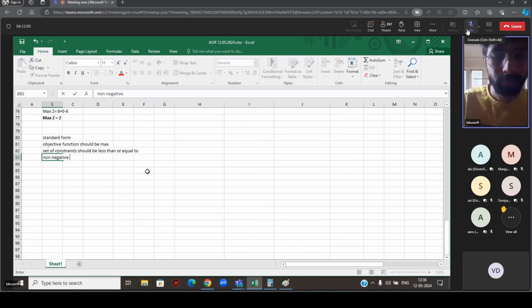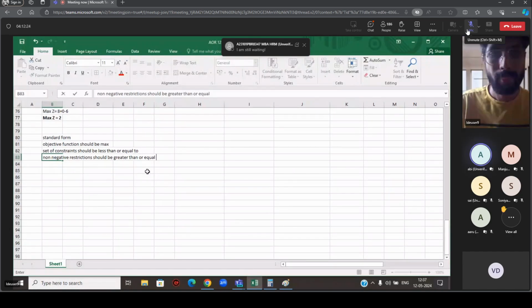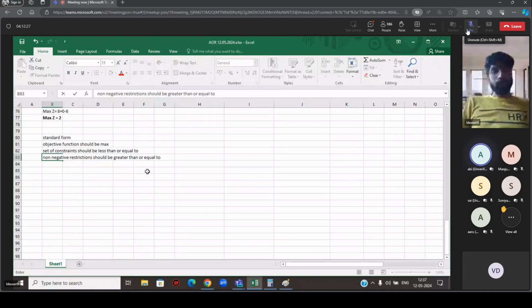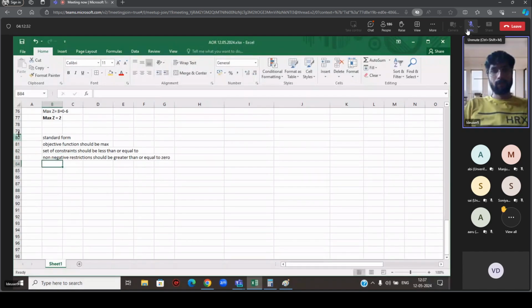Non-negative restrictions should be greater than or equal to 0. So this is the standard form. Okay. However, the conditions apply. Okay, but this is the standard form.